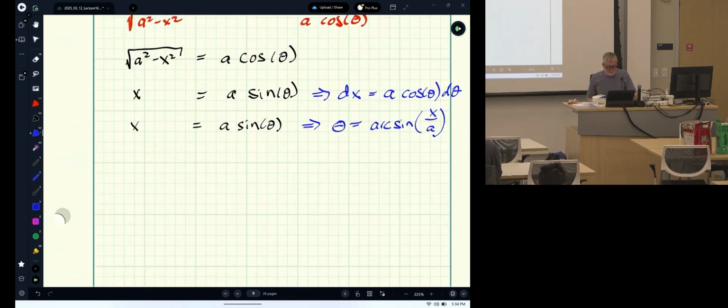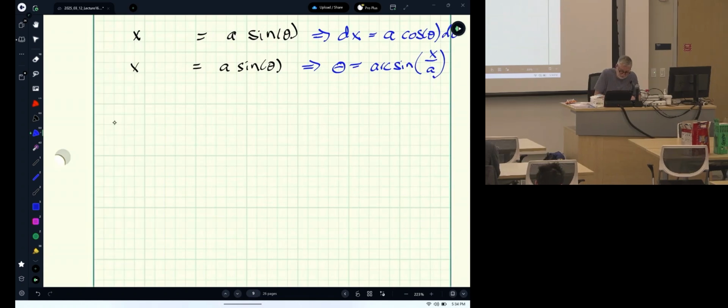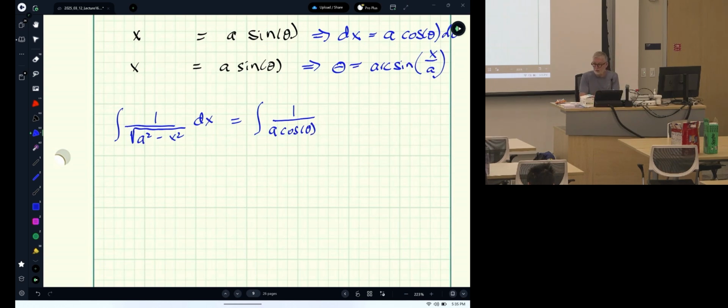Okay, so let's do our integral again, or antiderivative, 1 over the square root of a squared minus x squared dx. So the square root of a squared minus x squared, that's the a cosine of theta.